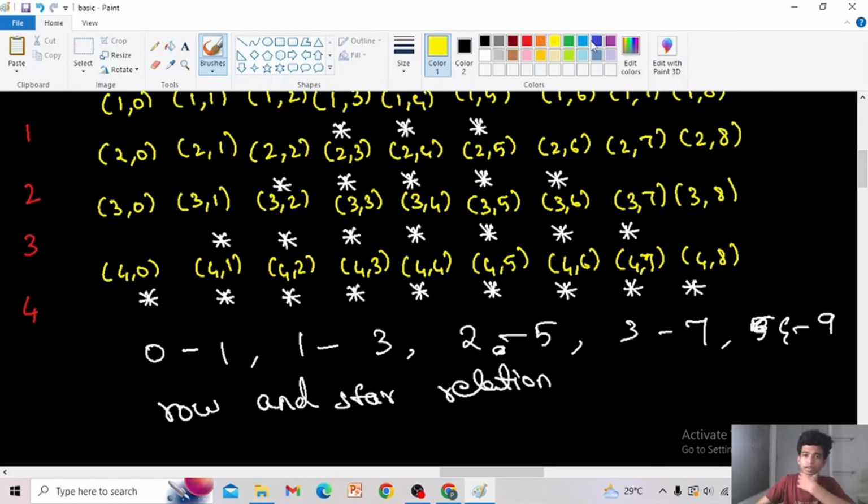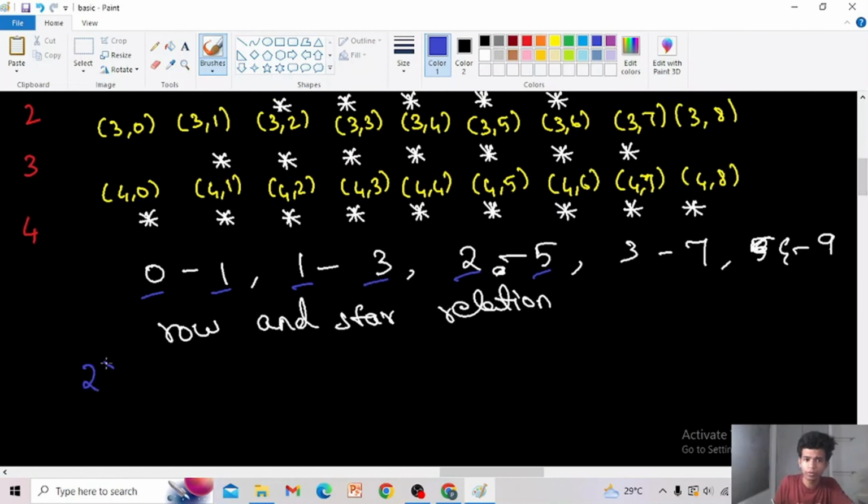From this row and star relation, can we build some logic? For 0, I want to print 1 star. For 1, I want to print 3 stars. For 2, I want to print 5 stars. See here, the transition is like 2 into row plus 1.